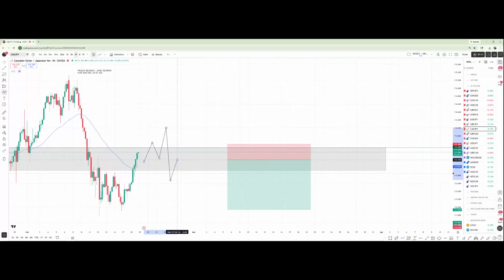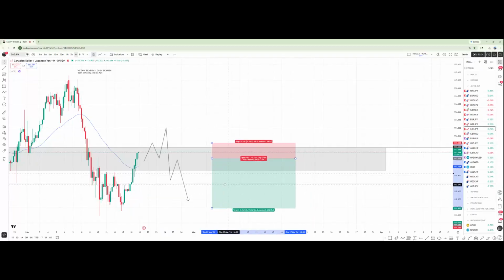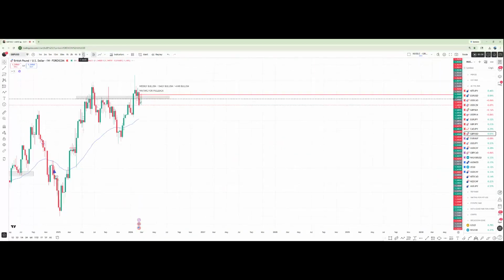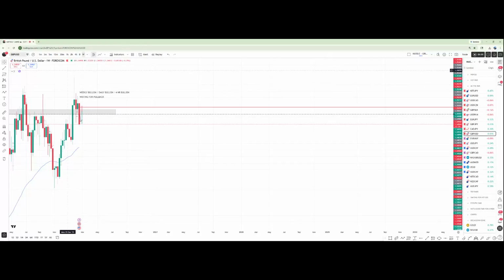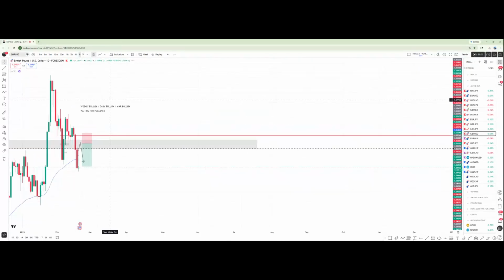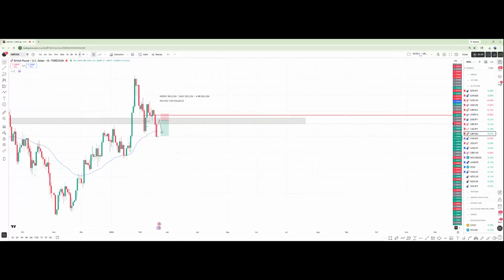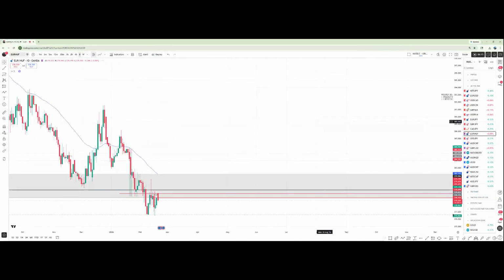Shift, 4 hour. GU, daily. No, I didn't trade this one right here. Not going to look for it this week. Euro CHF, Euro HU.